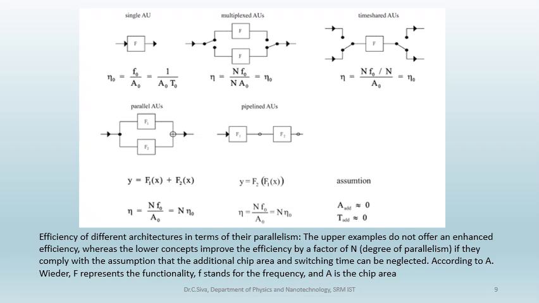This figure compares architectures with and without efficiency gains. The top example shows no improvement; parallelism merely increases hardware cost. The bottom examples show true efficiency enhancement by a factor n, but only when the added area and switching cost are minimal.